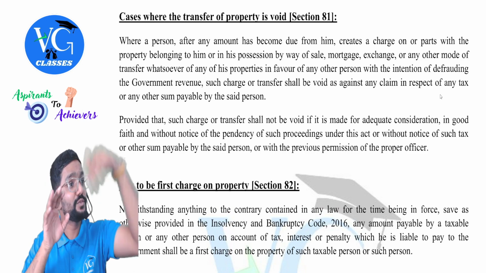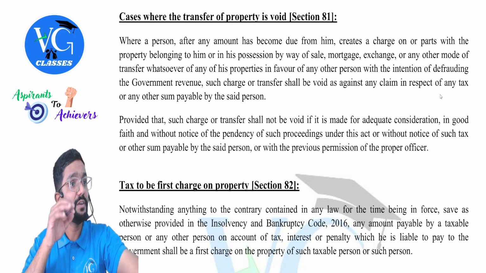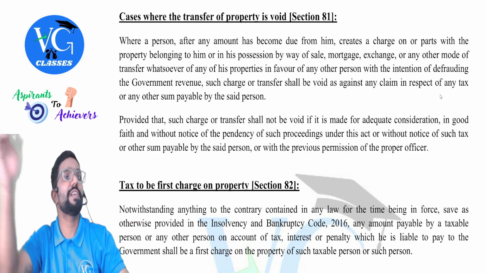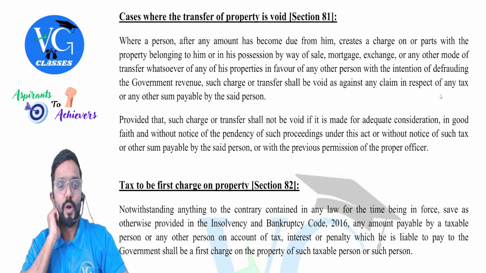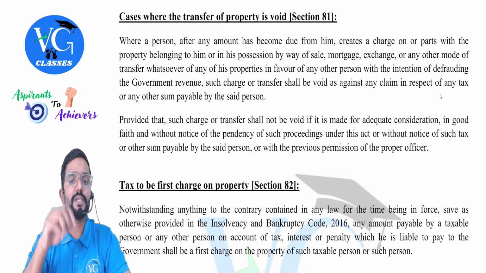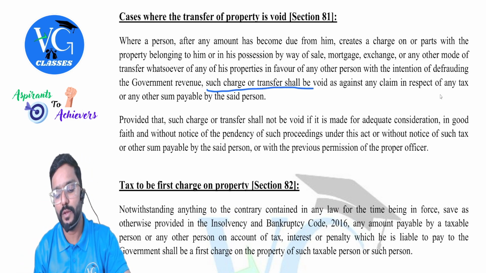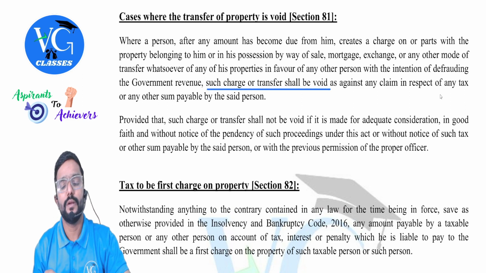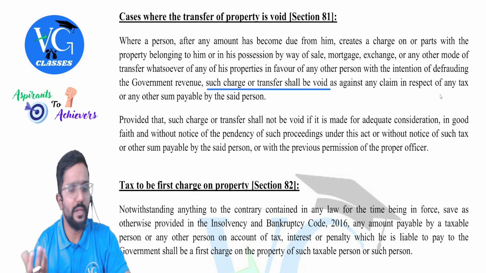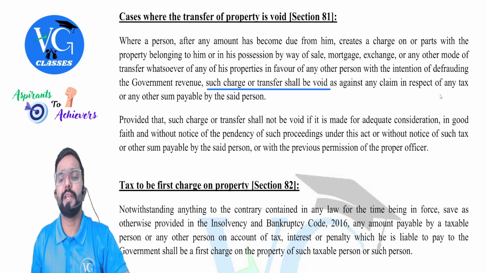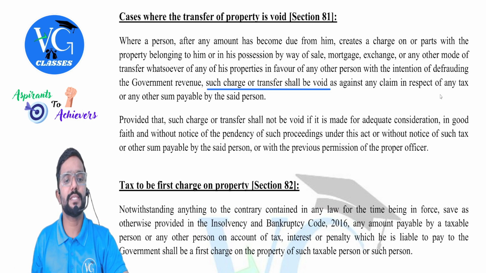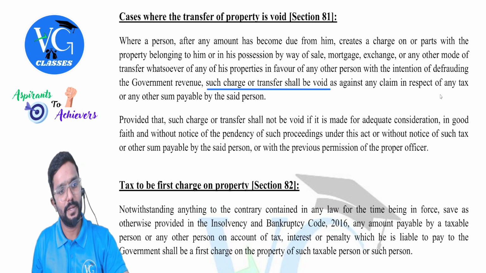So the registered person sold the property or he pledged it with an intention to what? Defraud the government. Okay. Such charge or transfer shall be considered to be as what, guys? Void. Such charge or transfer will be void. Legally not enforceable as against any claim in respect of any tax or any other sum payable by said person.